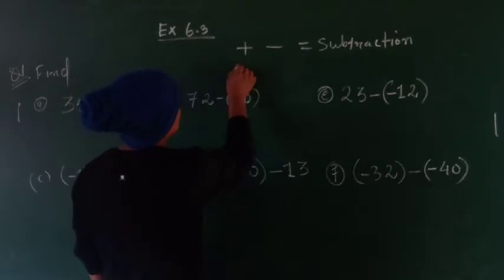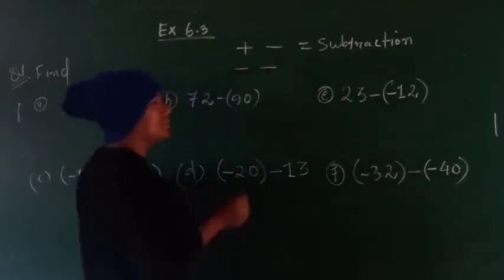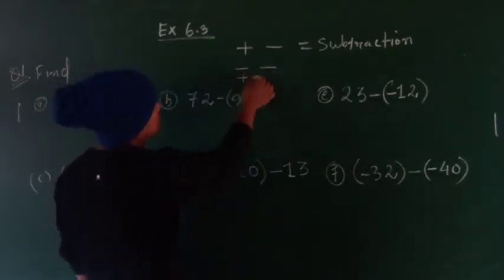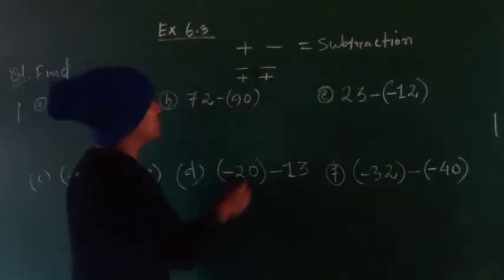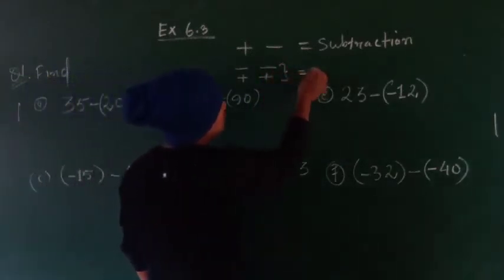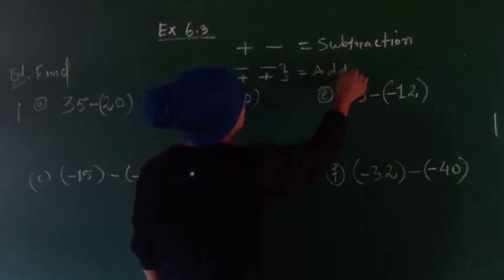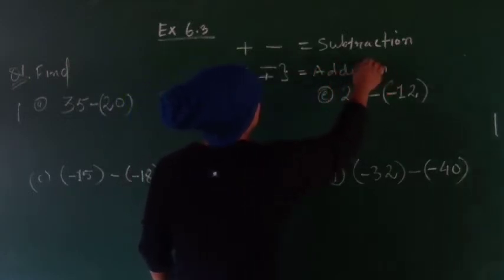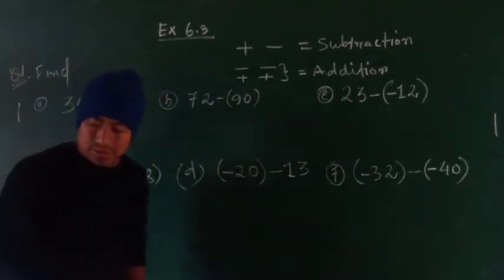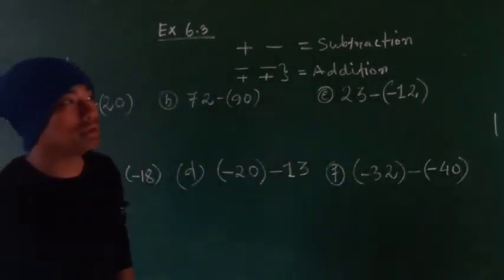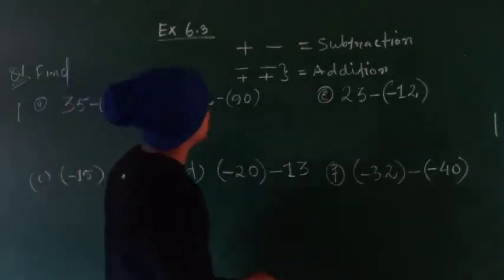And if both the signs are like signs, either both positive or both negative, in that case we do addition of the numbers. So do remember this. This is very important, so that you will not get confused in addition of integers.